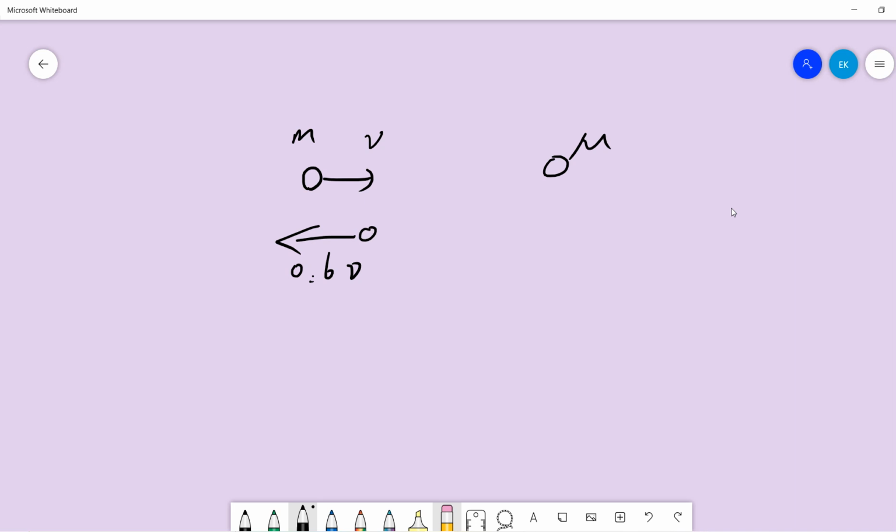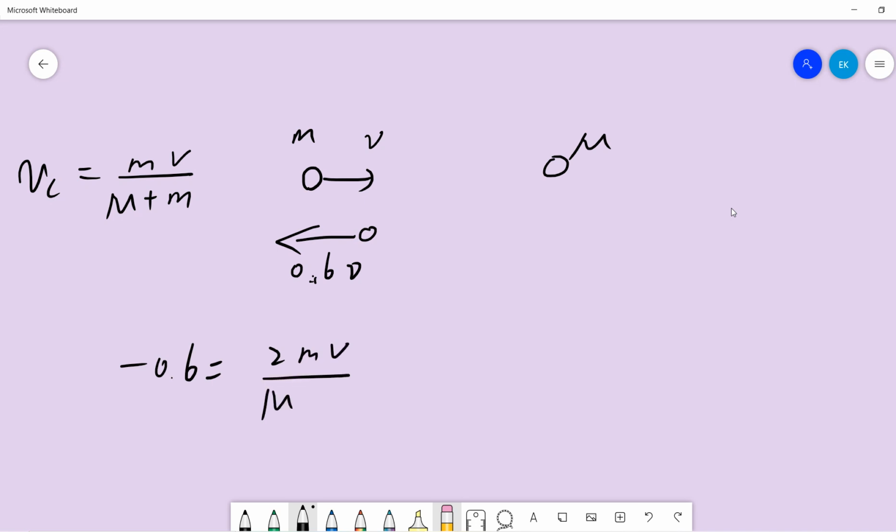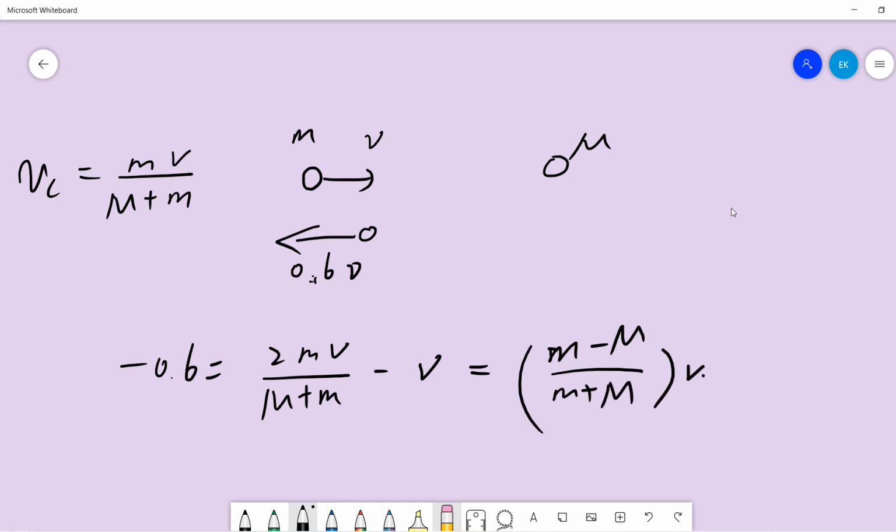So the original velocity is mv divided by m plus M, and the final is minus 0.6 v, which equals 2mv over M plus m, minus v. So we have small m minus large M, over small m plus large M, times v. This is 0.6 v.